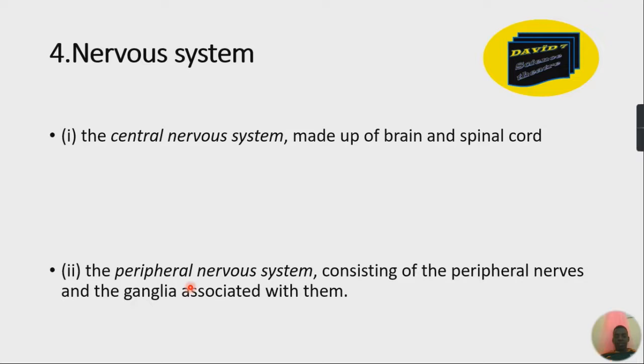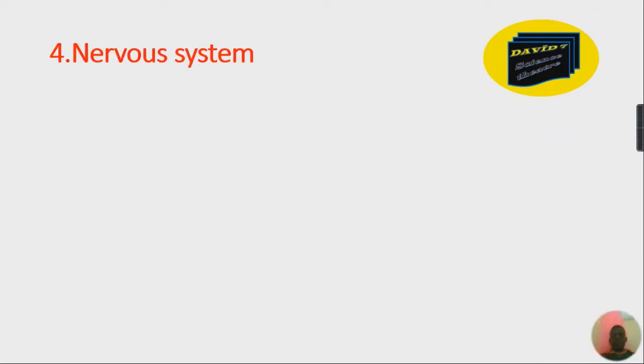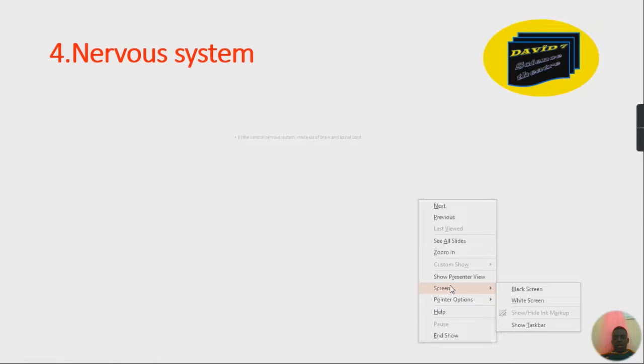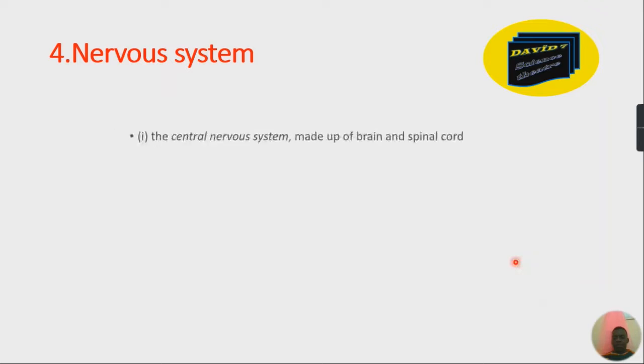So now we've gone to the nervous system. The nervous system is divided into the central nervous system, made up of the brain and spinal cord, and the peripheral nervous system.